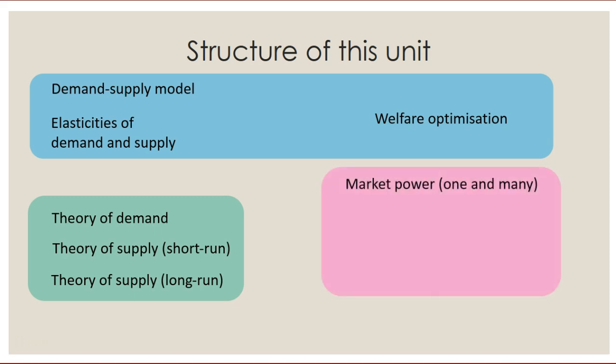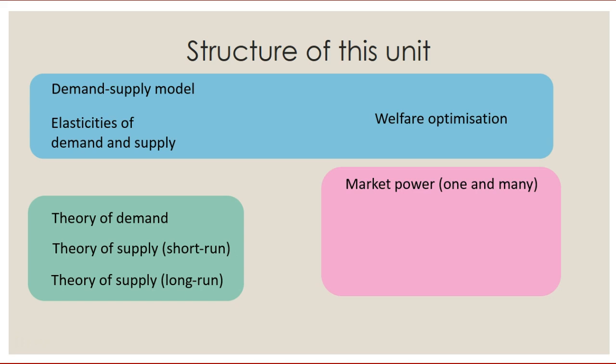After that, we'll go on to interrogate the claim that we can have welfare optimization. What we'll look at is situations where the demand-supply model breaks down, or more appropriately, doesn't really apply, because there are aspects of the real world which don't conform to this simple demand-supply model.